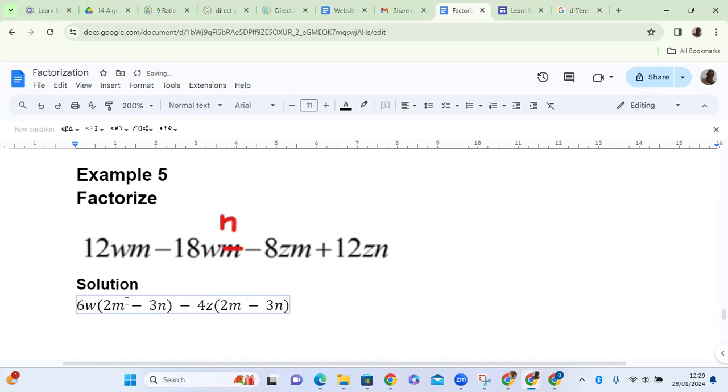And we can see that we have identical terms with the first bracket, 2M minus 3N. So obviously we all know what's the final step. What's outside of the bracket, we're going to bracket them. Actually, it's a continuation. If you look closely at it, it's a continuation of factorization 1.